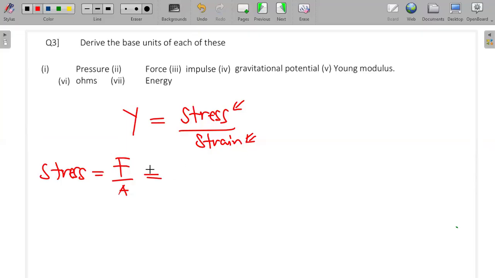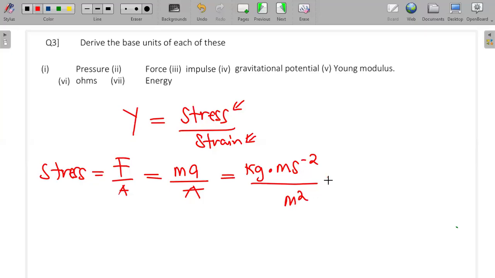So now we remember that this force is the same as mass multiplied by acceleration, divided by the area. The units for the mass is kg, and the units for the acceleration, that is m s to the power minus 2, divided by the units for the area, this is just m squared.